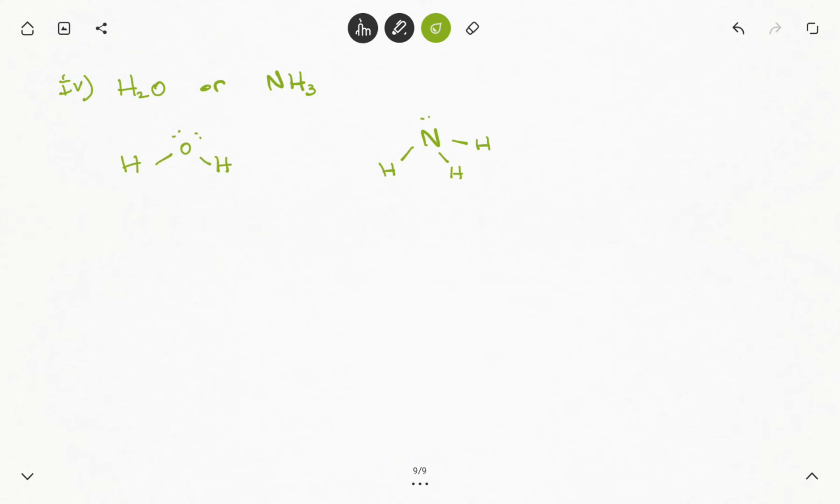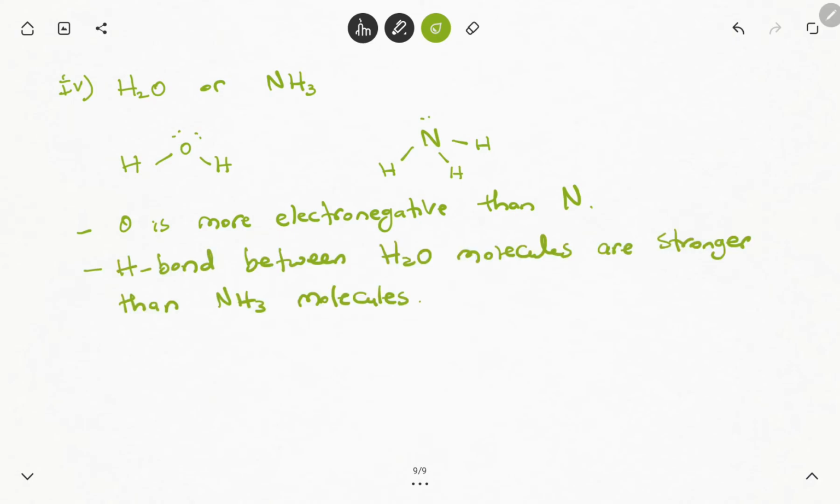In this case, we need to compare the polarity of oxygen and nitrogen. Since oxygen is more electronegative than nitrogen, the hydrogen bond between H2O molecules is stronger than between NH3 molecules.